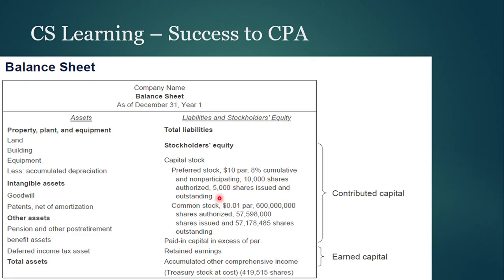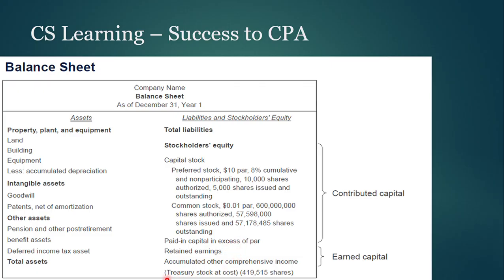Preferred stock is basically a kind of stock which generally is paid before the common stock, and another part is the paid-in capital in excess of par, which is also called the APIC. And then we have the retained earnings. The more retained earnings we have, the more cash-generating the entity is.